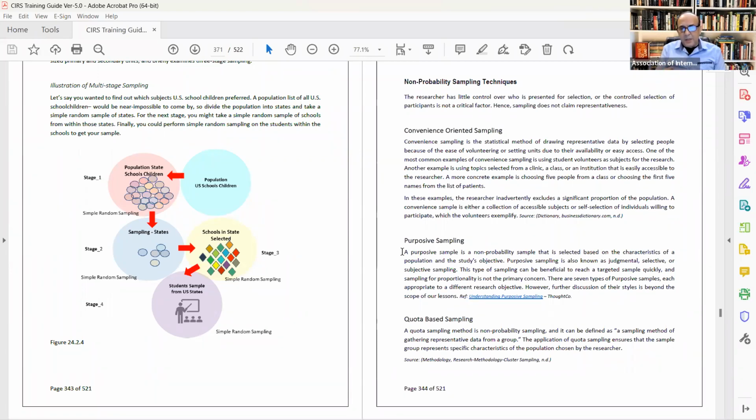Anything can be a criteria, but purposive means that it is proactively selected based on those characteristics.